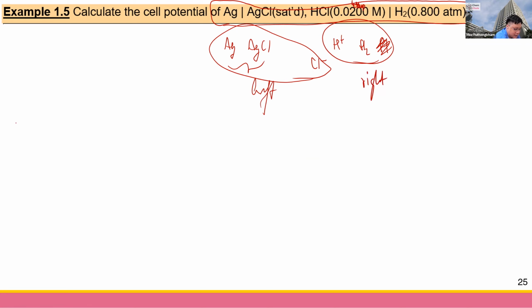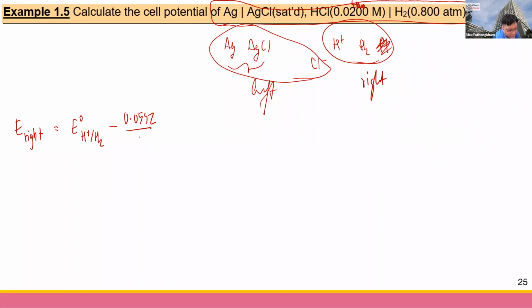So again, E right. If I go too fast, you can go back and watch it later in the echo. E right is equal to the standard electrode potential of proton hydrogen gas minus 0.0592 over what? To know this, you can either write the half reaction, or just go to the standard electrode potential table and use the n from that, which is maybe easier.